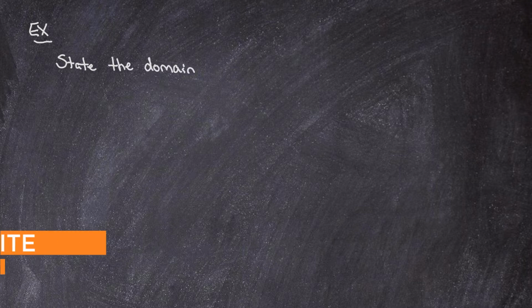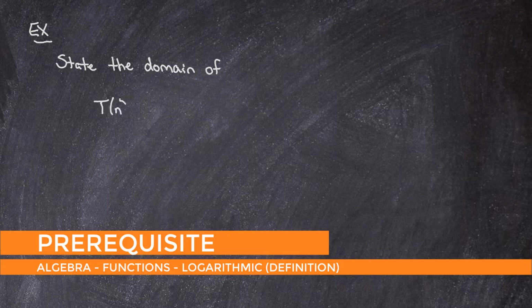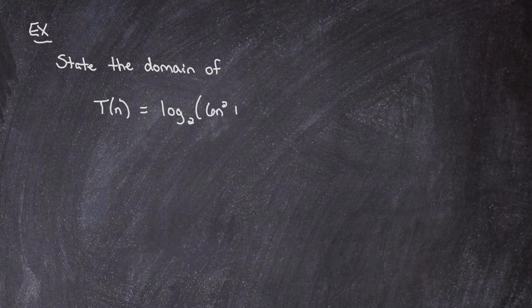Once you've done the work to find the domain of a radical function with an even index, you'll find that finding the domain for a logarithmic function is very similar. The only difference really is that the argument of a logarithm must be strictly positive. It cannot be 0. So we go through the same work. If you take a look at this function, the actual argument is very similar to the one we used in the radical example.